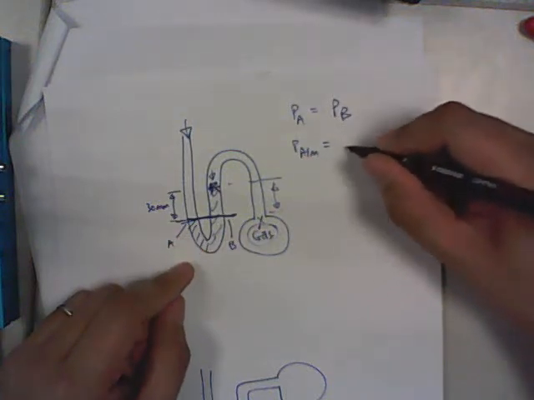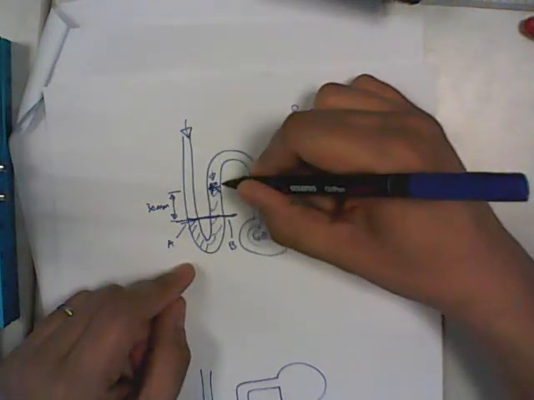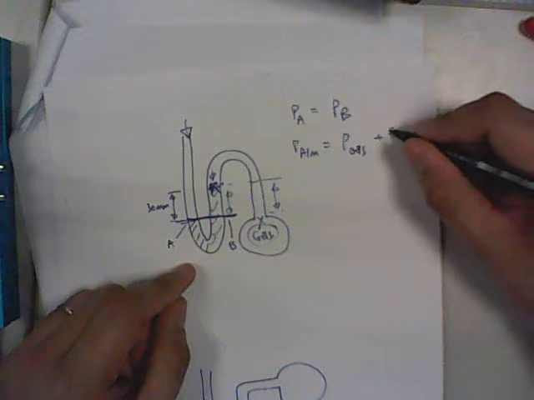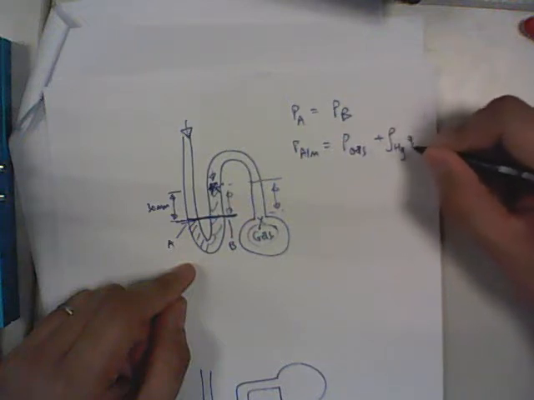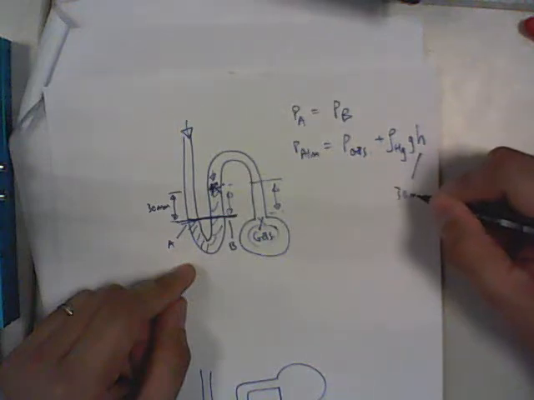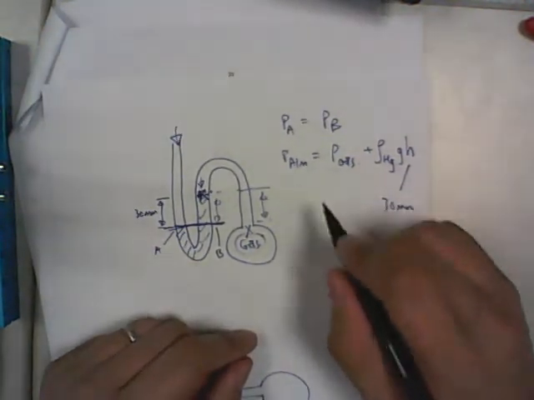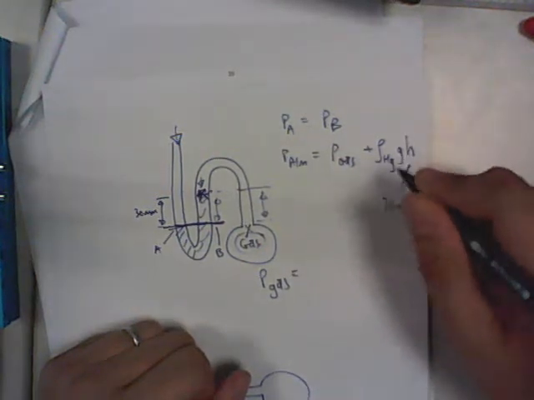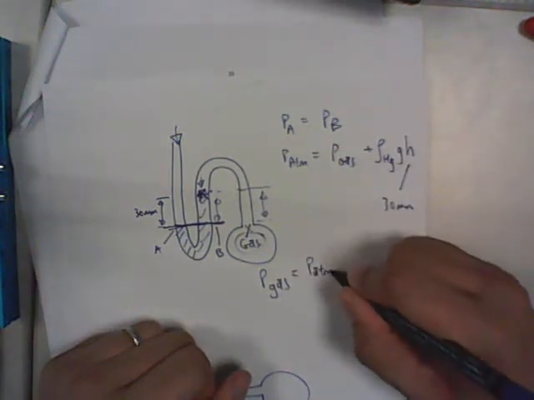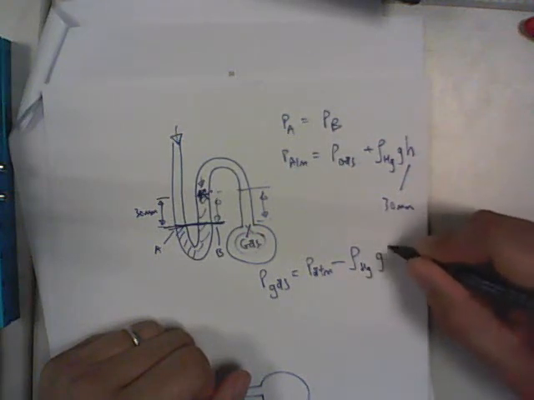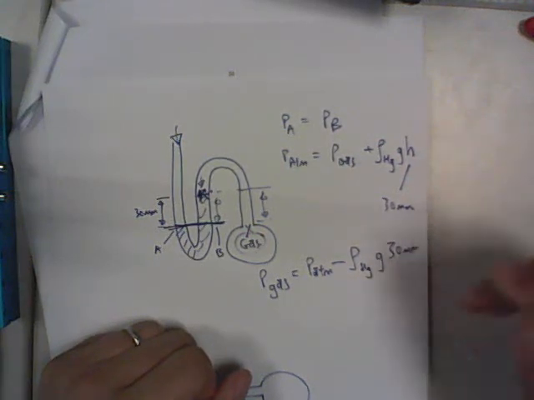So it is the P gas which is acting here, plus this column of mercury, rho of mercury g h, which is 30 mm. From this equation you can see that the P gas, the pressure of the gas, is P atmosphere minus rho g 30 mm.